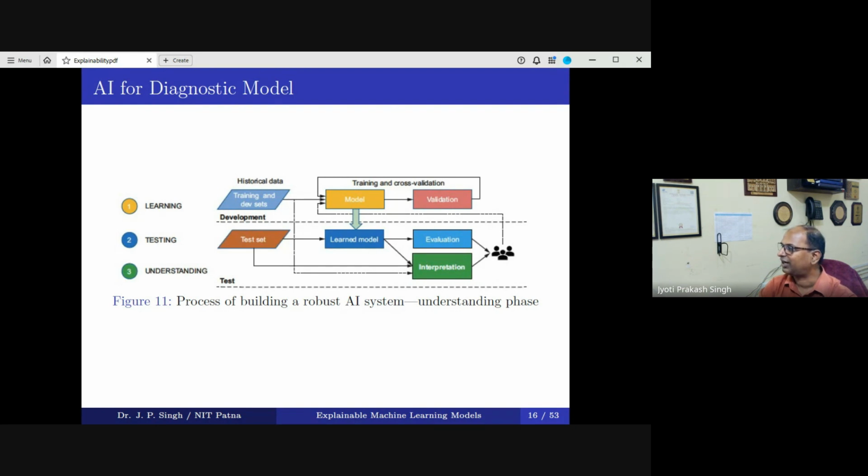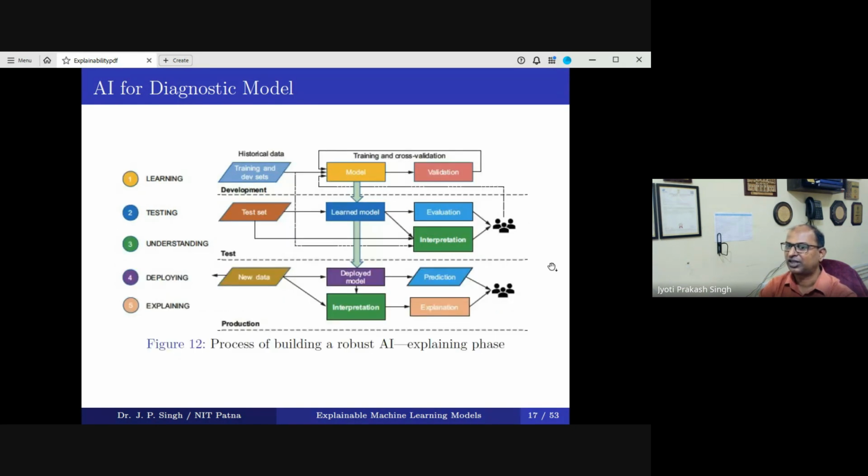Now, once we add this interpretation block, the next thing we can do, while we deploy the model, is to add an explanation model. Again, we'll see that there is hardly any difference between explanation and interpretation.